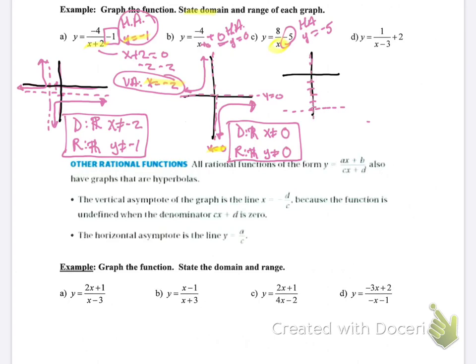So your vertical asymptote is at x equals 0. And then I just go on my calculator. I have 1 here, and I have 1 about here. Okay. Then when I go to do domain and range, domain is all real numbers, but x cannot equal 0 because that was where my asymptote was, right? Range, all real numbers, y cannot equal negative 5 because that's where my asymptote was.